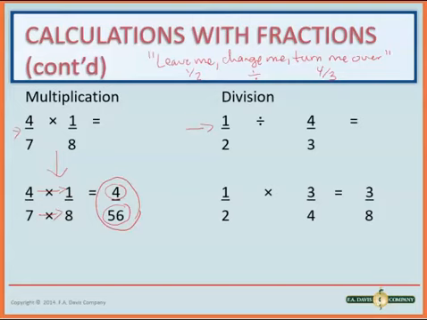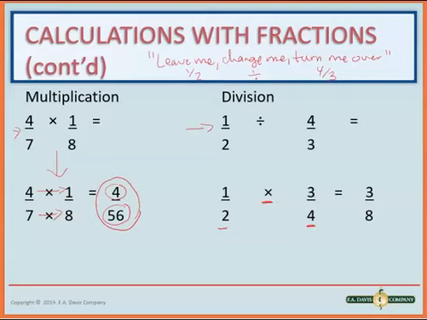Okay, so when we do all that to this calculation, what is it going to look like? If you leave me, you're going to leave it as 1/2. If you change me, we're going to change the division to multiplication. And then turn me over, we're going to flip this, so we're going to turn this into the reciprocal. It's going to go from 4/3 to 3/4.